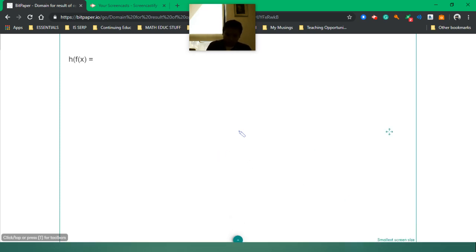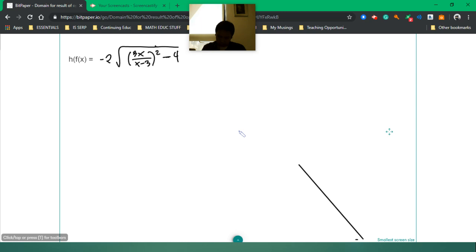So what we have is, for us to find the domain of this composed function, we follow the restrictions.